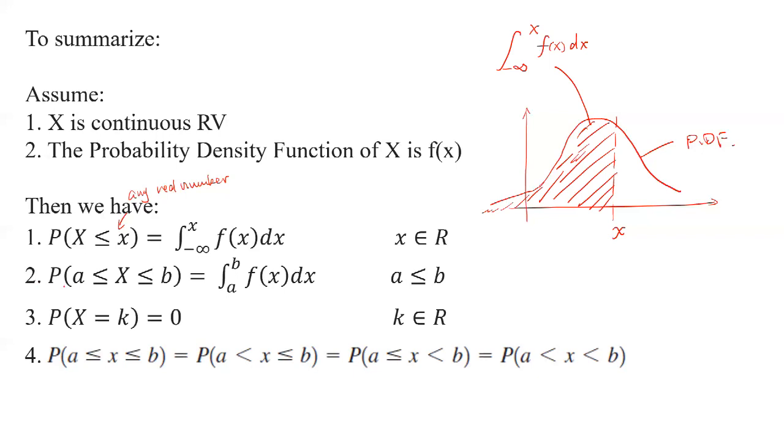The second statement is that for any two given values, such as a and b here, suppose a is the lower limit and b is the upper limit.